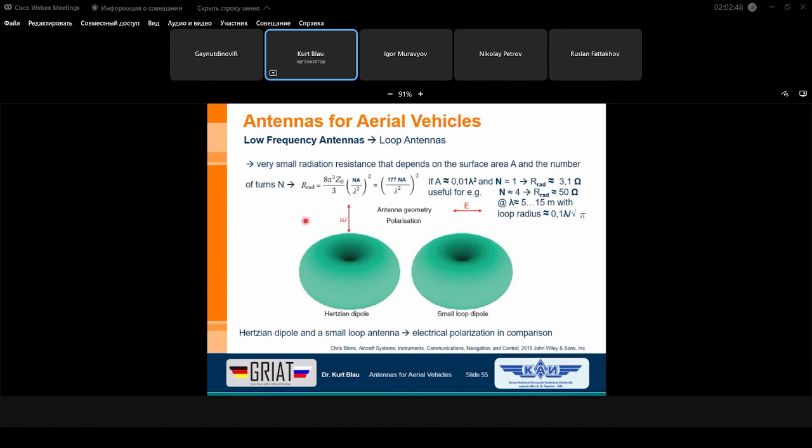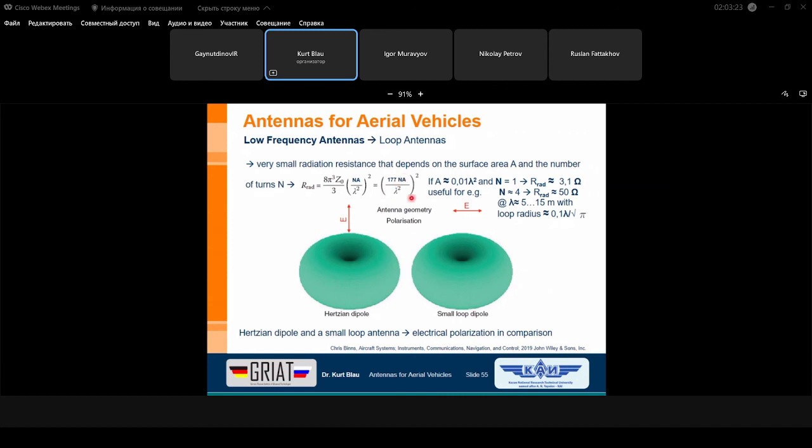And what we have done here, we have calculated out all these values, and then we come to this 177 factor, divided by the square of the wavelength, the number of turns, and the area of our loop.